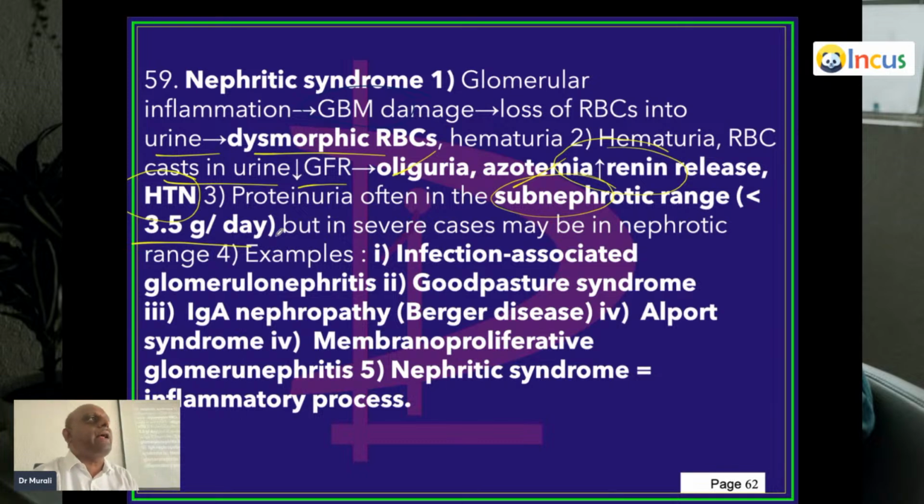So what are all the conditions that lead to nephritic syndrome, doctor? Post-infectious, that is post-streptococcal glomerulonephritis, PSGN. Coca-Cola colored urine. If you say Coca-Cola colored urine, bas, examiner says you are passed.